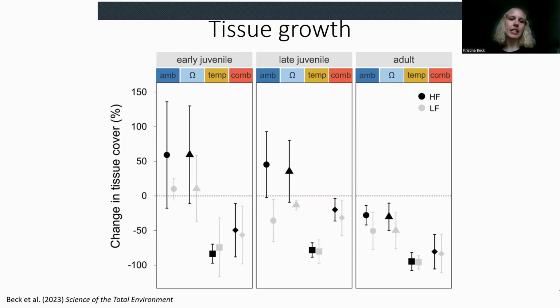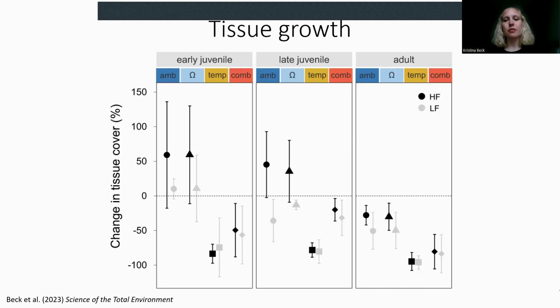They managed to extend their tissue coverage in the high feeding treatments by more than 50%. But we see a clear feeding effect here because they have a much lower tissue coverage in the low feeding treatment. So they weren't able to extend the tissue coverage in the low feeding treatments.